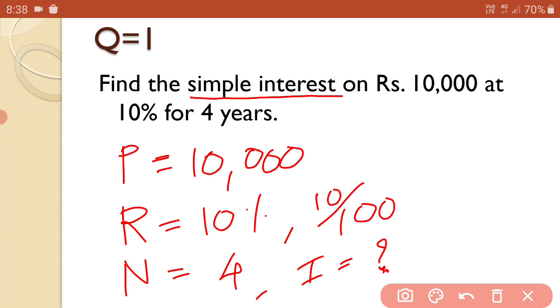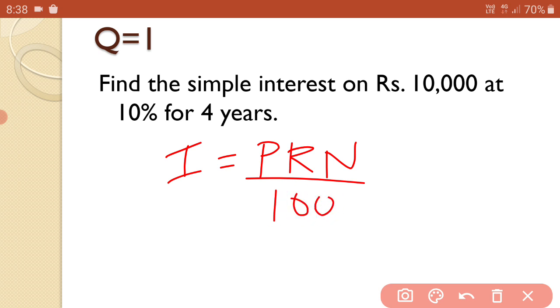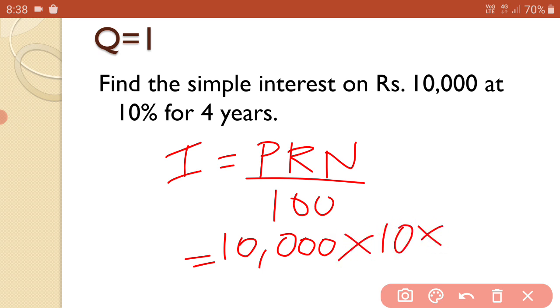Then write the formula, I is equal to PRN upon 100. P means 10,000, R means 10%, N is equal to 4 years, upon 100.